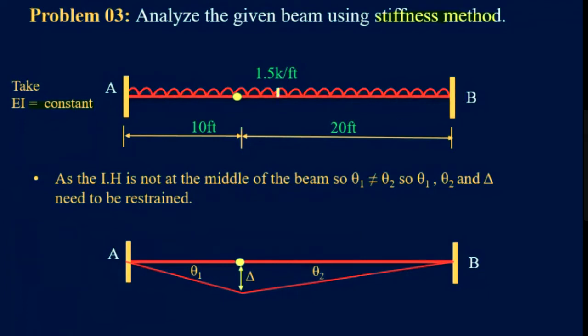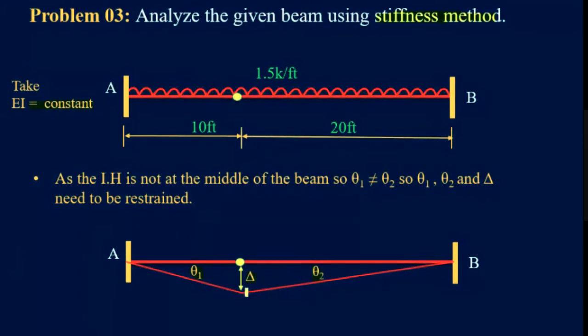But when the load is applied, this point where we have the internal hinge will translate downward. Also, here we will have rotation, and also here we will have rotation.